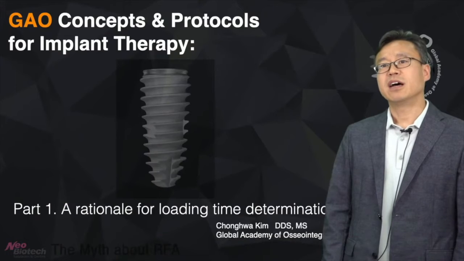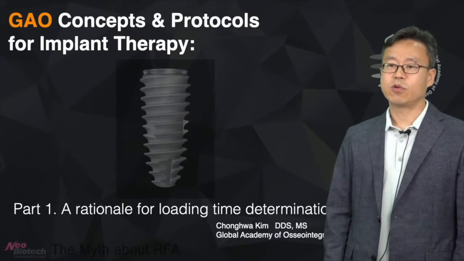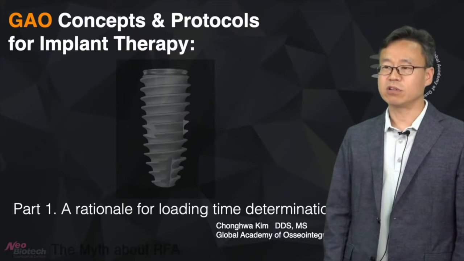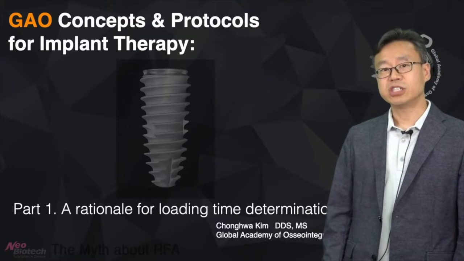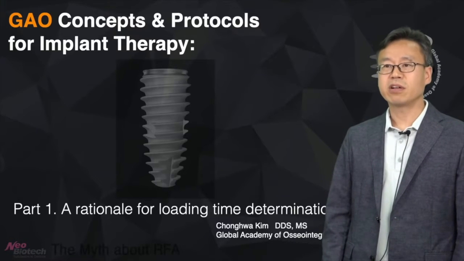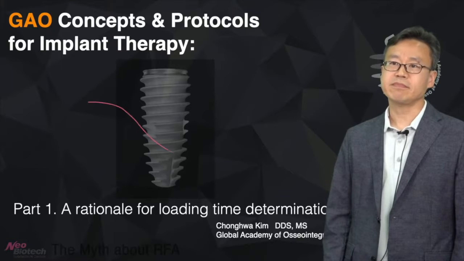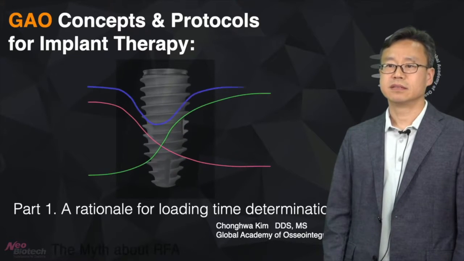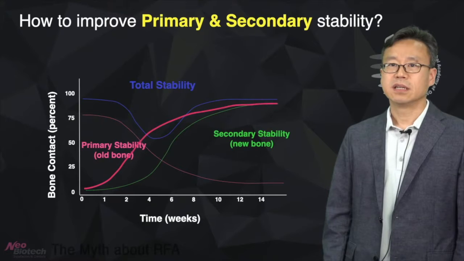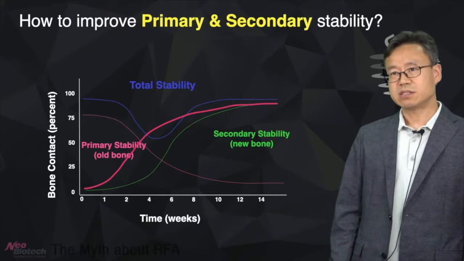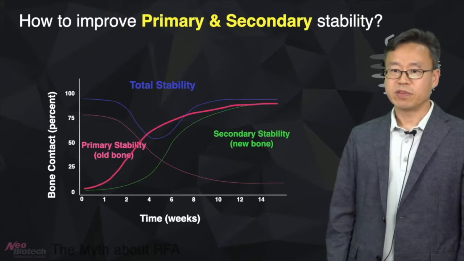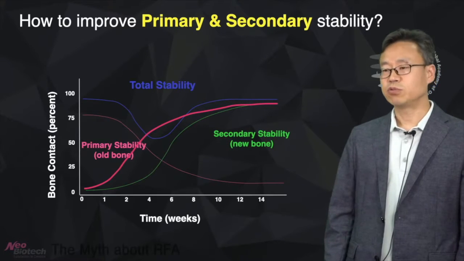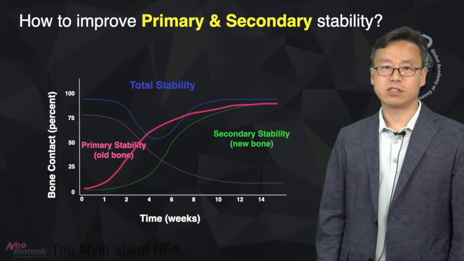Last time, we talked about the rationale for accelerated loading, whether it's early or immediate, and I mentioned it can be achieved by improving both primary and secondary stability. We could increase secondary stability faster by improving the implant surface, which would induce faster new bone formation.